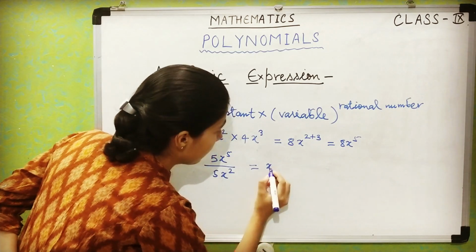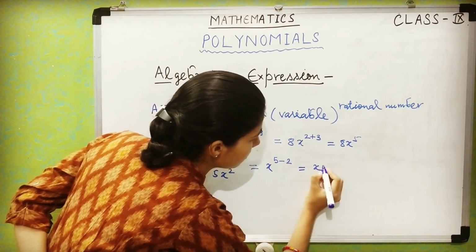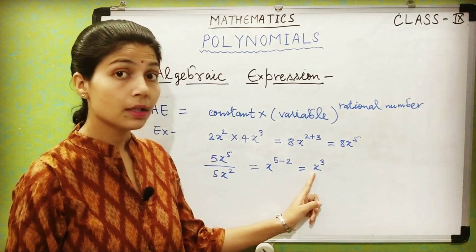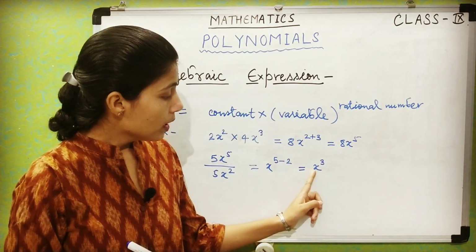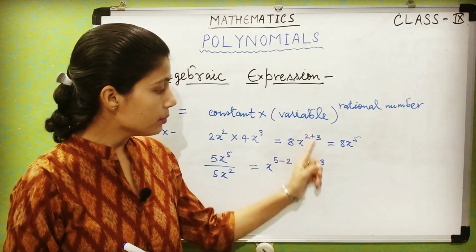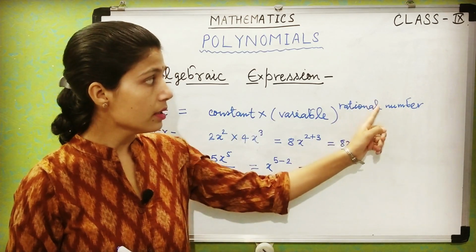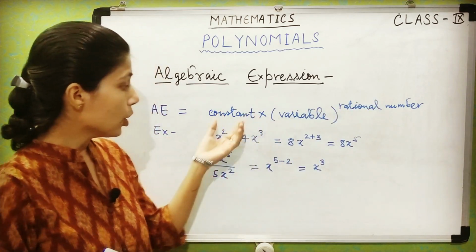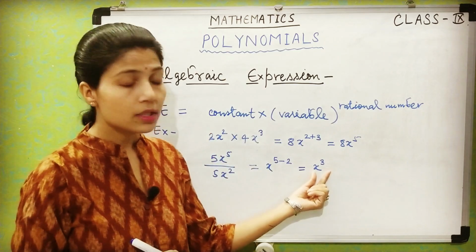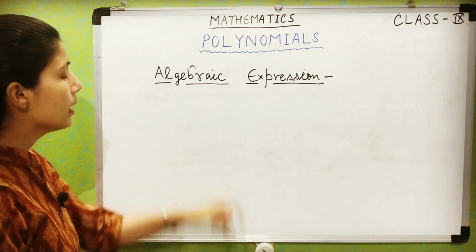So x will be as it is and the power will be 5 minus 2, so x is raised to power 3. Now see here, there is nothing before x, so we take it as 1: 1x raised to power 3. So 1 is the constant, x is the variable and the variable holds exponent 3. 3 is a rational number. So according to the definition of an algebraic expression, this is an algebraic expression. Now let's take more examples of algebraic expressions.